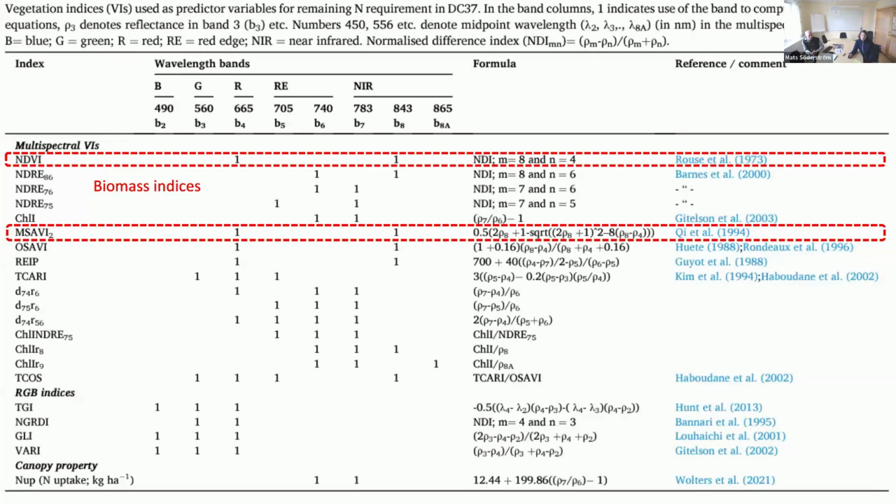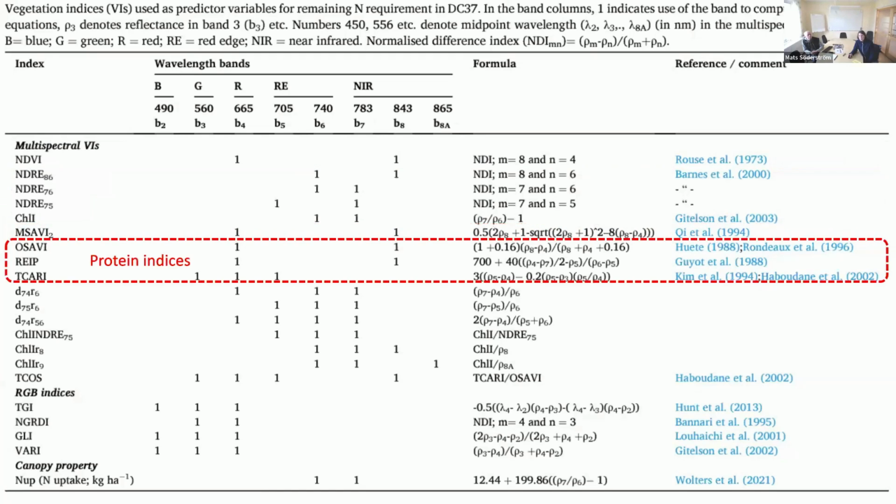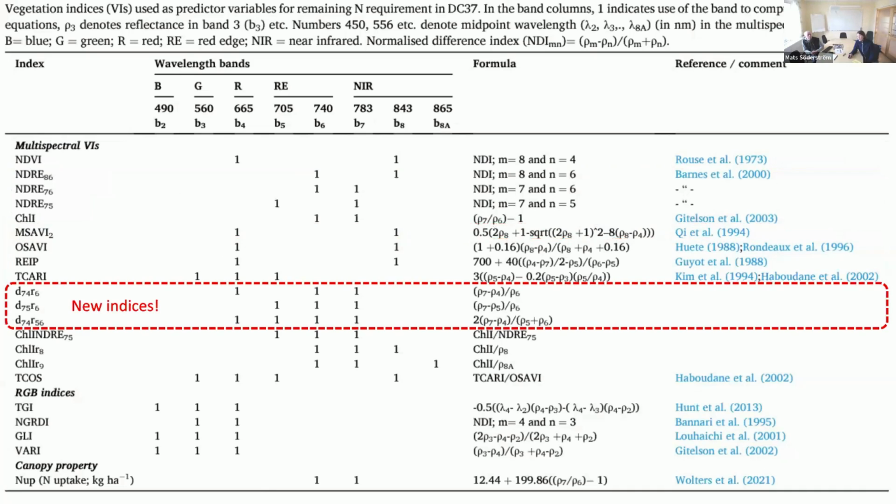From the collected reflectance data, we computed a list of vegetation indices, multispectral and RGB indices, and also absolute canopy properties. We used some biomass indices, nitrogen status indices, protein indices, and we also developed some new indices.